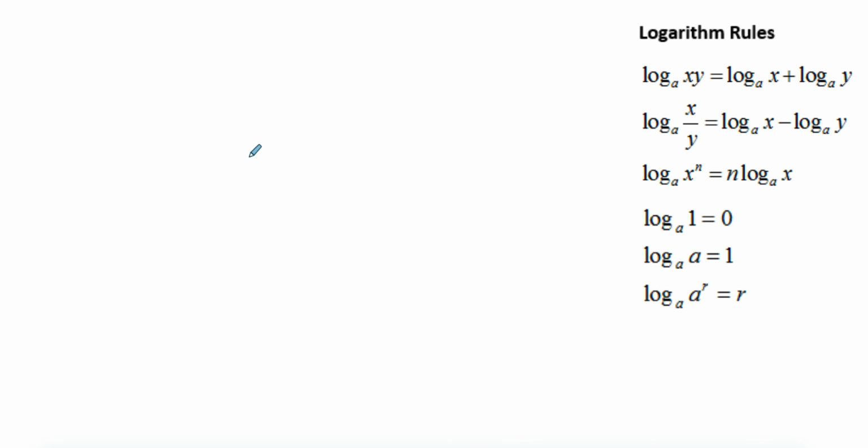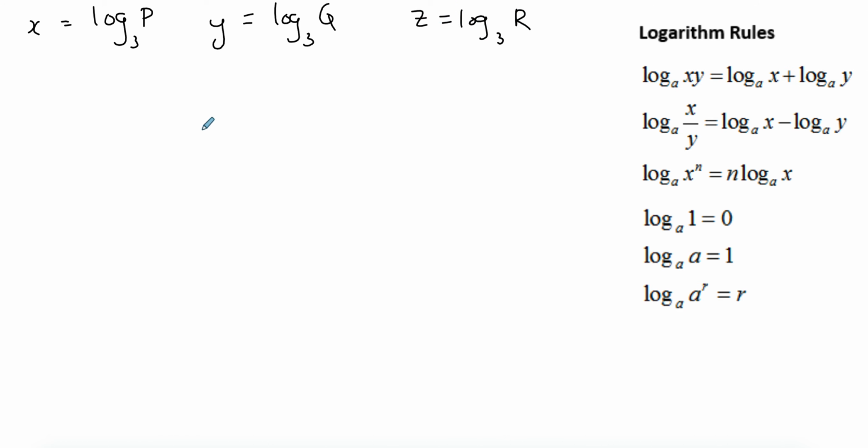And then for the last example, something similar, but we're kind of using logs inside of logs. So if I have x is log base 3 of p, y is log with a base of 3 of q, and z is log of base 3 of r.